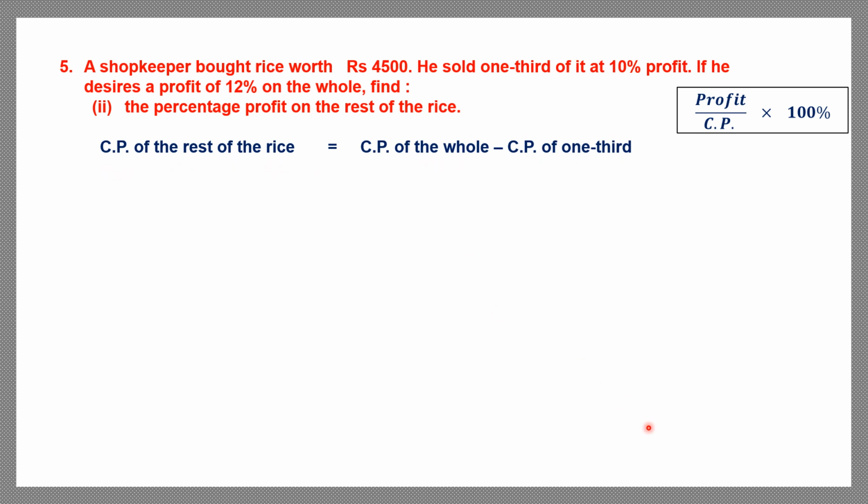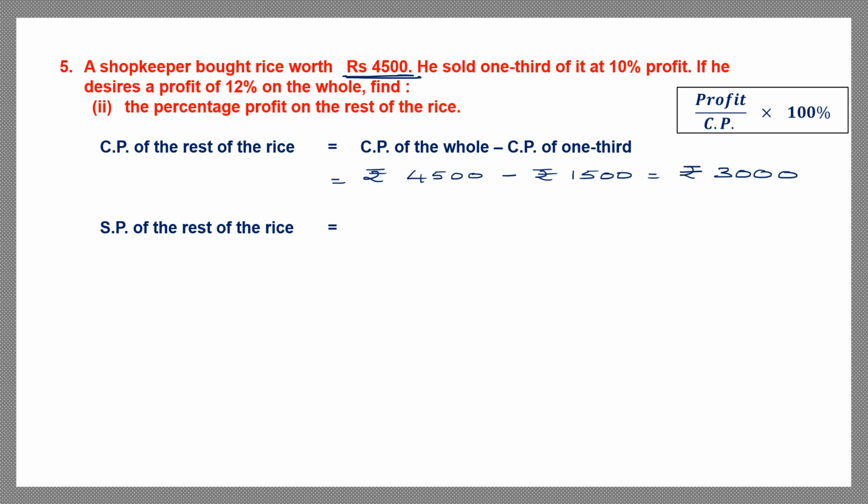So what is the cost price of the whole rice? It's given to us in the question, 4,500 rupees. So that is 4,500 minus cost price of one third, which we found out to be 1,500. So the cost price we have found for the rest of the rice, 4,500 minus 1,500, is 3,000 rupees. Now the selling price of the rest of the rice also we should have, and that is what we found out, 3,390 rupees.